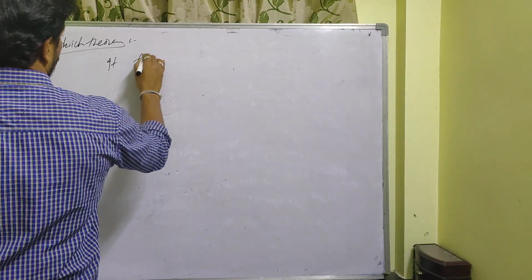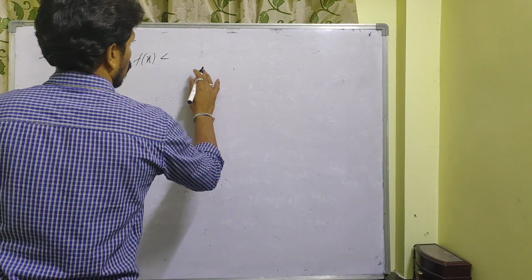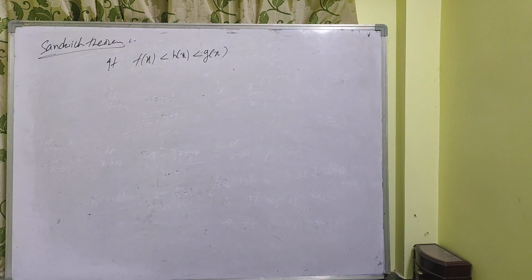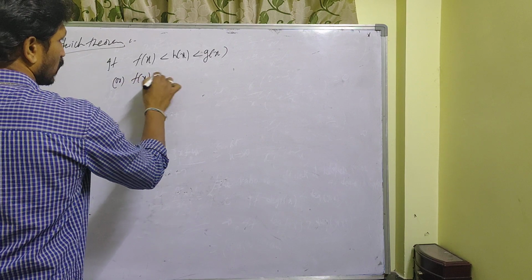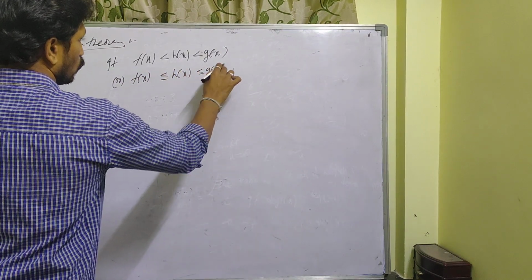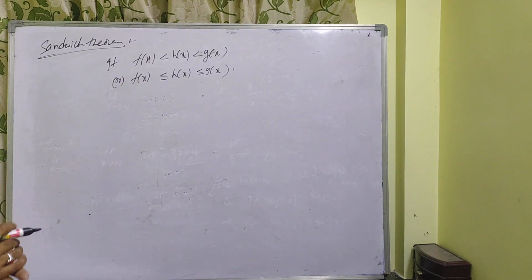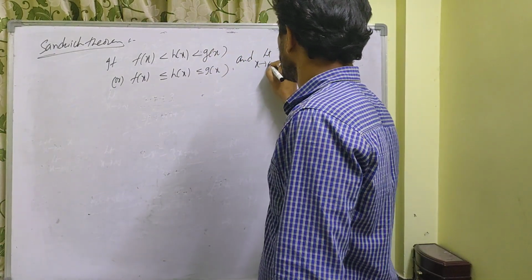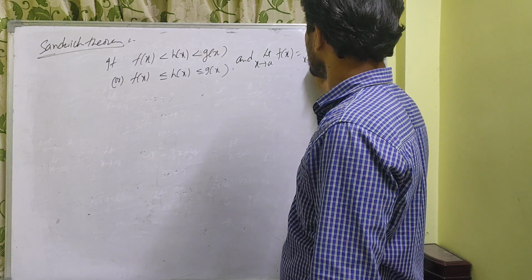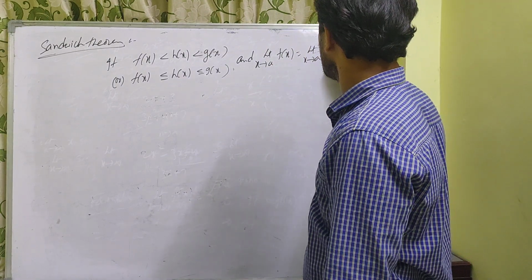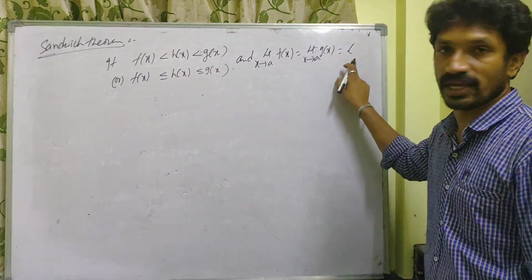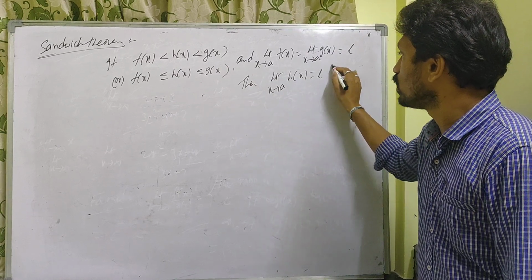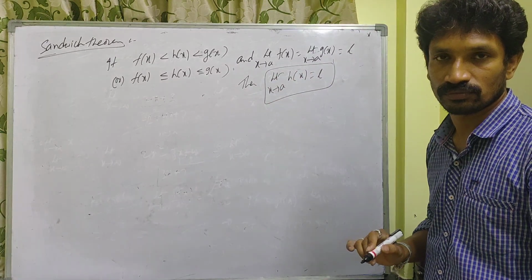If f of x less than h of x less than g of x, or f of x less than or equal to h of x less than or equal to g of x, both will hold when one of them is happening, and limit x tends to a, f of x is equal to limit x tends to the same a, g of x, also equal to some constant L, both are same, then we can say limit x tends to a, h of x value is also L. Okay, clear?